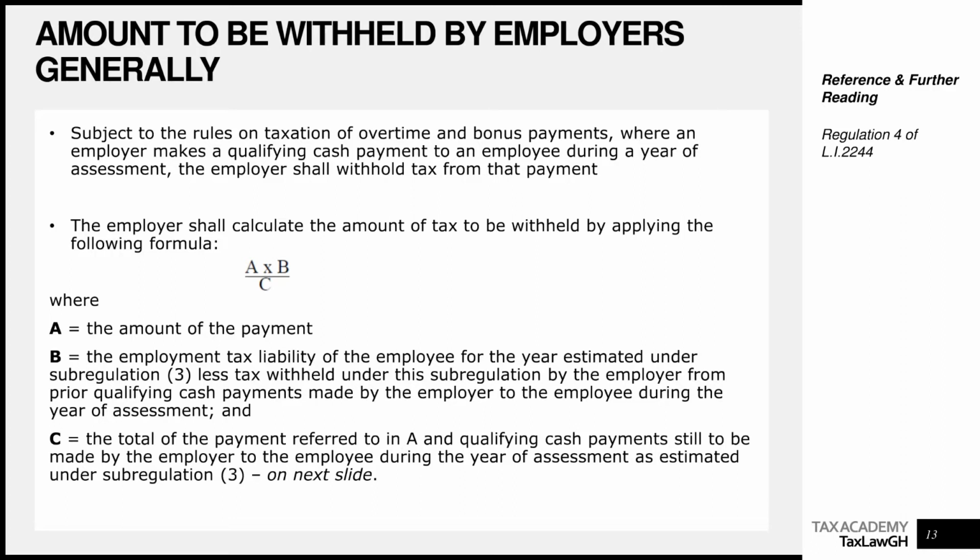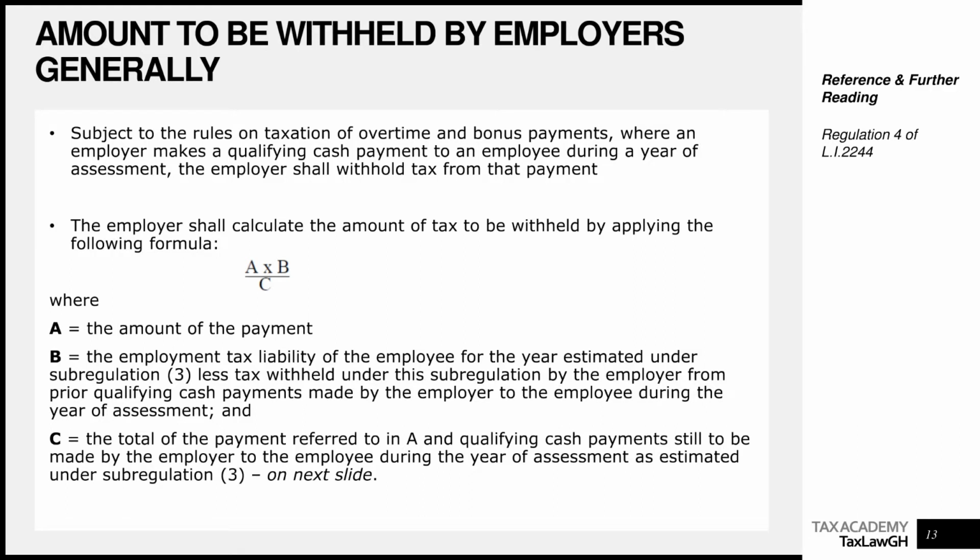So essentially, the B part is the employment tax liability of the employee for the whole year, less any taxes already withheld. And then C is the total of the payments referred to in A, which is the amount of the payments, and any qualifying cash payments still to be made by the employer to the employee.